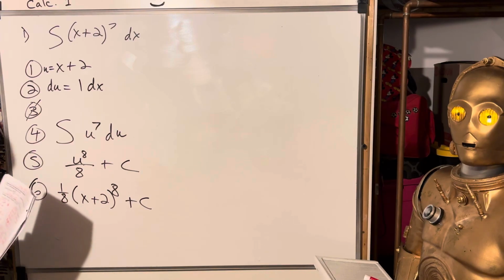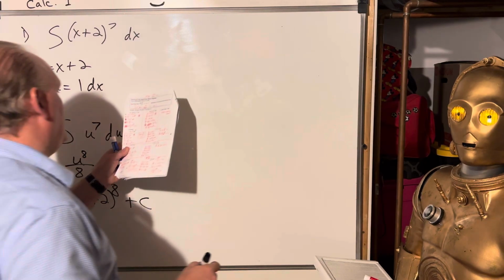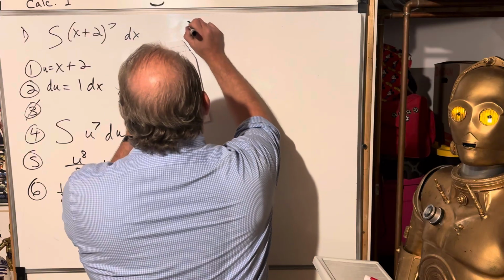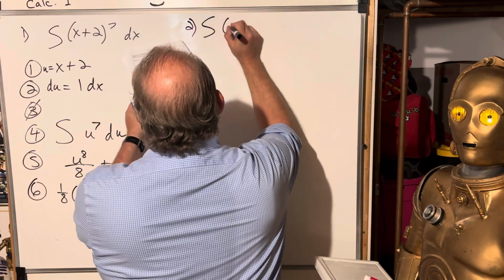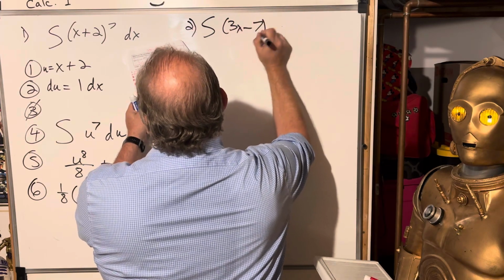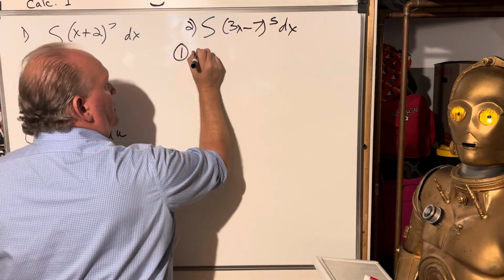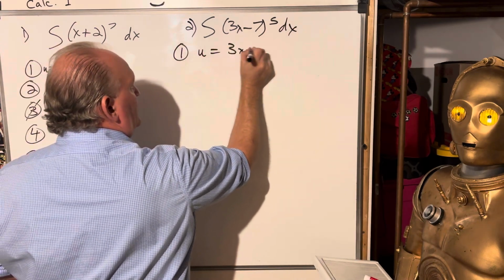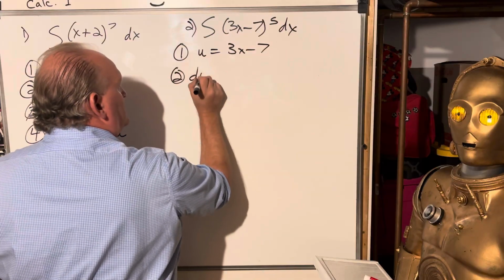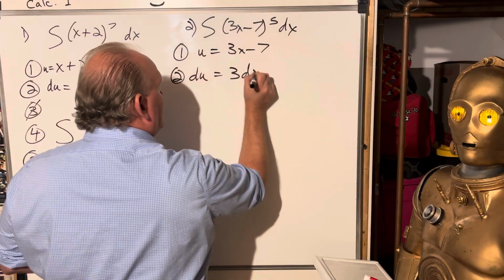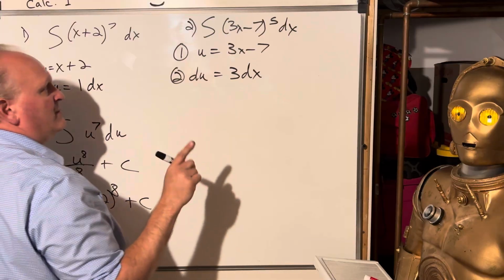So after you kind of get the swing of things, these aren't that bad, I hope. Let's look at the integral of (3x minus 7) to the 5th dx. All right, so number 1, u is equal to 3x minus 7. Number 2, du is equal to 3 dx. Problem.